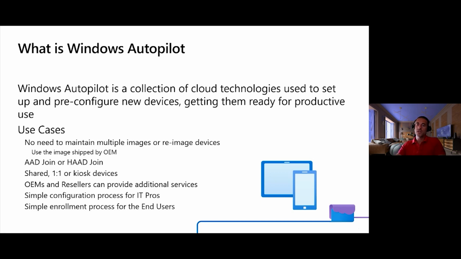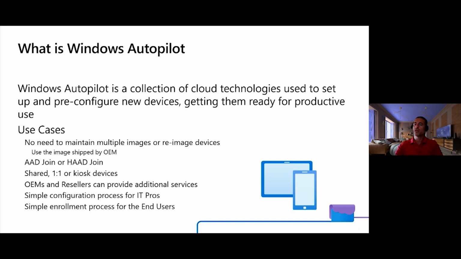Autopilot covers a wide range of use cases, starting from the traditional scenario where devices are initially joined to an on-prem Active Directory forest and later registered to Azure Active Directory, to cloud-only scenario where devices are directly joined to Azure Active Directory.